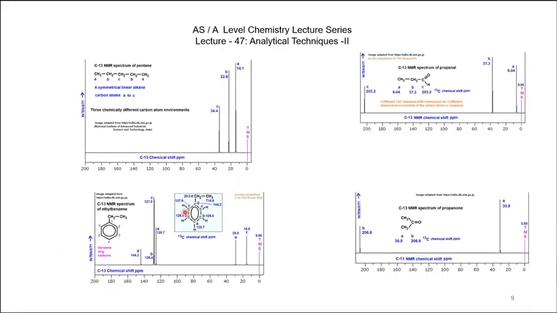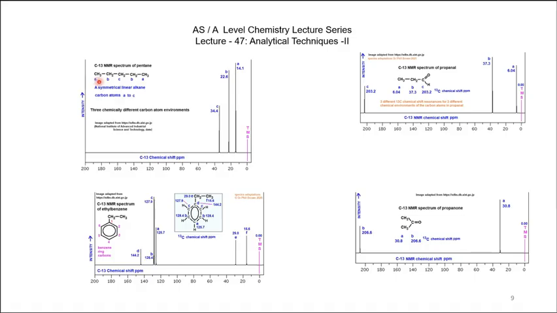Okay, here we are taking some more examples for you. You see, this is an alkane, is it not? And how many peaks should we expect for this alkane? How many different chemical environments do we look for?